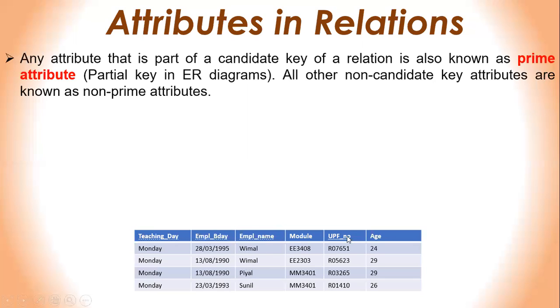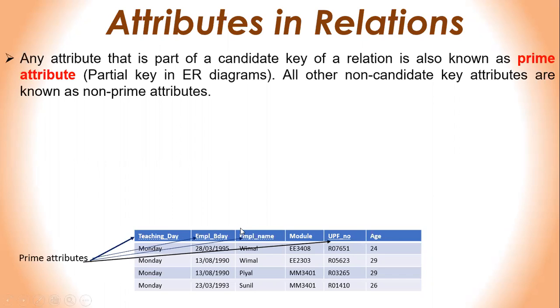So this is a partial key. This is a prime attribute. This is a prime attribute. This is a prime attribute. Even though there is only one attribute, this is also a prime attribute because the attribute itself is going to produce the key. I have notated and shown what the prime attributes are here.